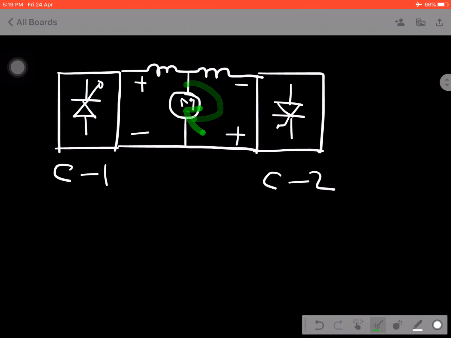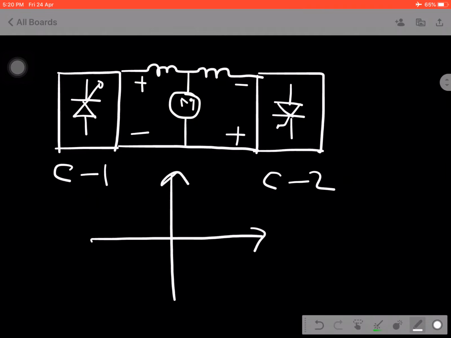Similarly, when the second converter works and the first is off, the current flows in this direction and the machine moves anti-clockwise. That means we can control the direction of the speed by using the converters. That is a major application of the non-circulating mode of operation for industry purposes. It covers four quadrants automatically.